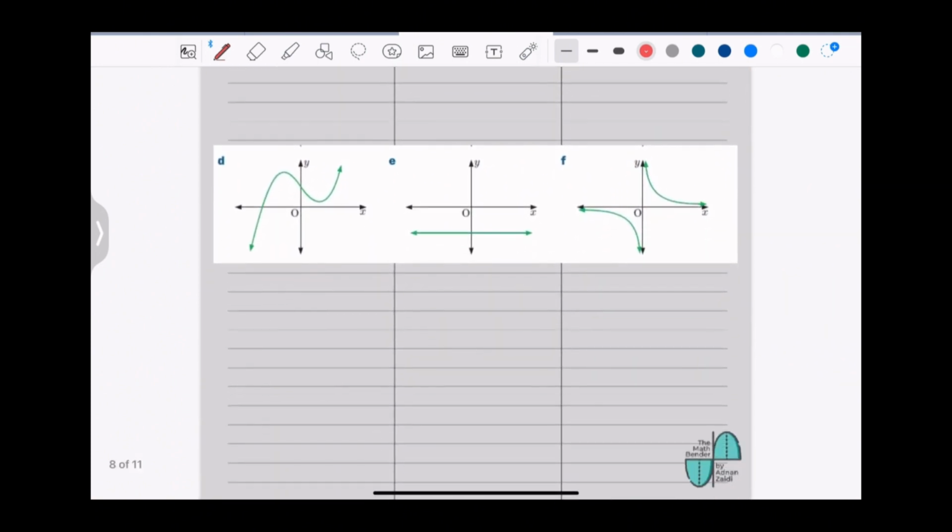Now if you see here, this is many-to-one, with 3 points intersecting. This is many-to-one because this line is overlapping another line, so there are infinite points on the x-axis representing that one y value. And here, this is also one-to-one.